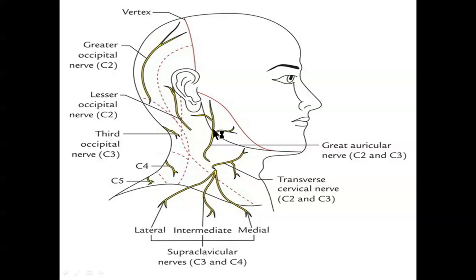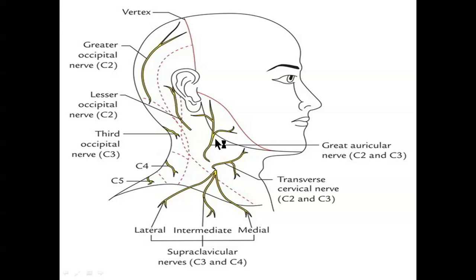Let's talk about the side of the neck. Now, side of the neck, as we can see, we have four cutaneous branches coming out. One is this one, lesser occipital nerve. Now, lesser occipital nerve is ascending and supplying the retroauricular area.